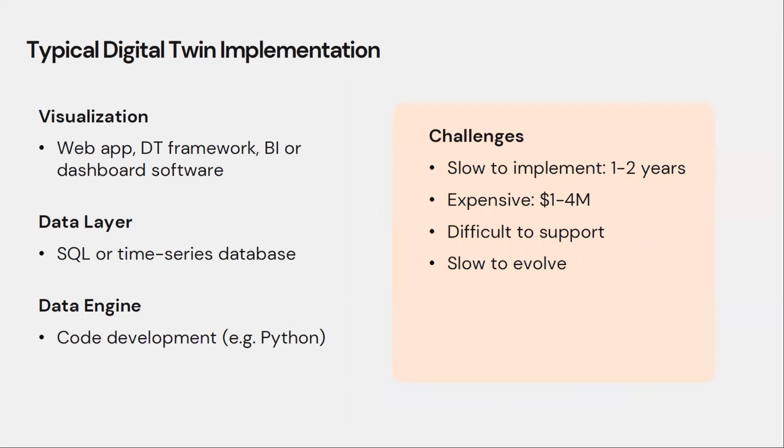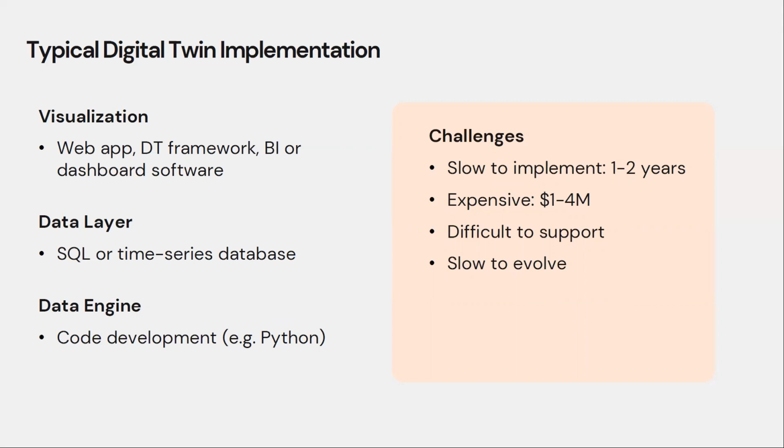Now let's go into how these digital twin solutions are implemented. It obviously makes sense for pretty much every physical system to have a digital twin because the digital twin can really improve the efficiency of the physical system enormously.